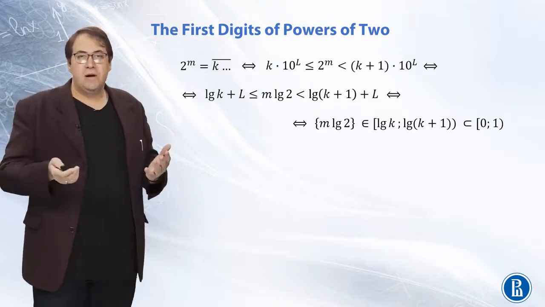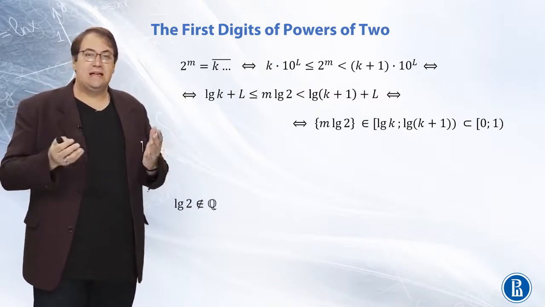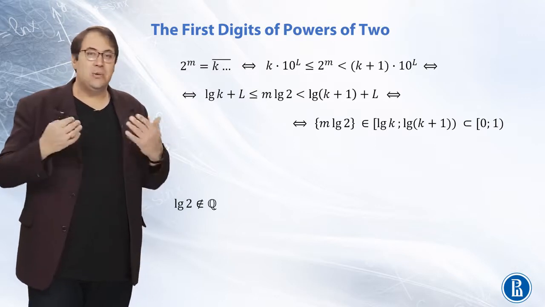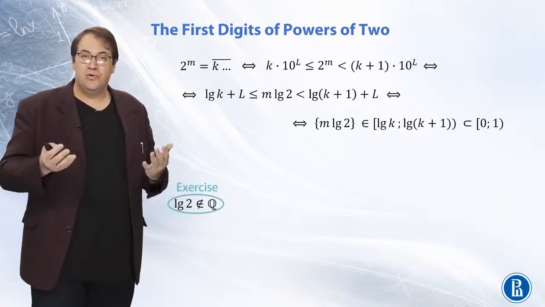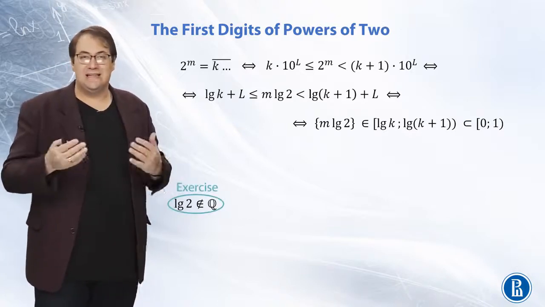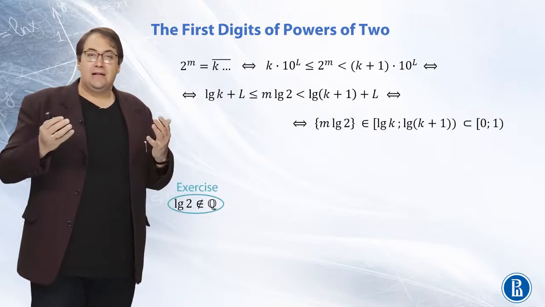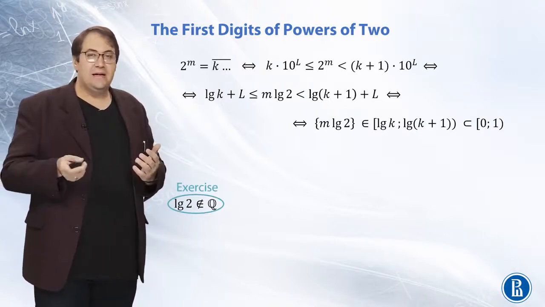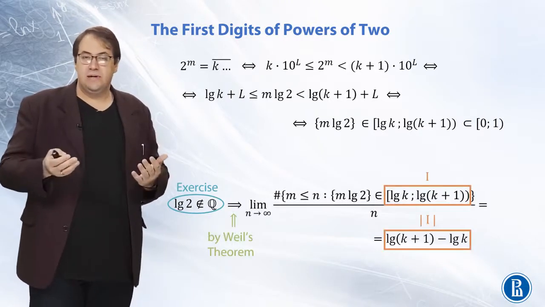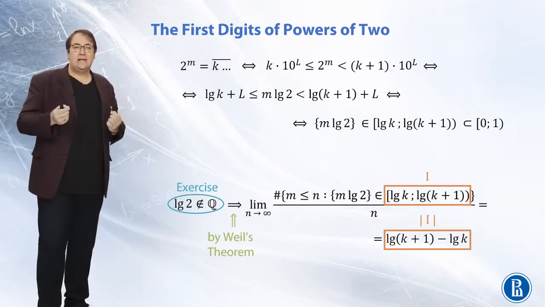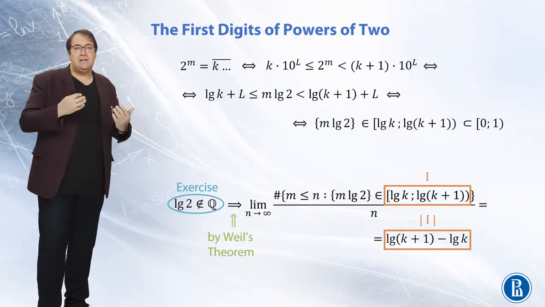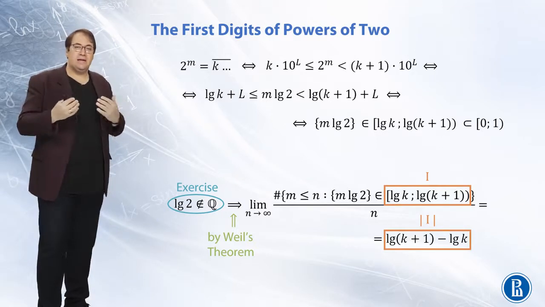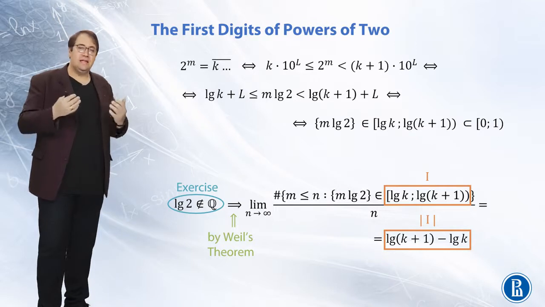So remember, or just notice, that log 2 is an irrational number. Please spend some time to prove this. I will leave it to you as an exercise. And from this fact, and using Weyl's theorem, we can calculate the precise limit of the frequency when m log 2 is indeed inside this interval.